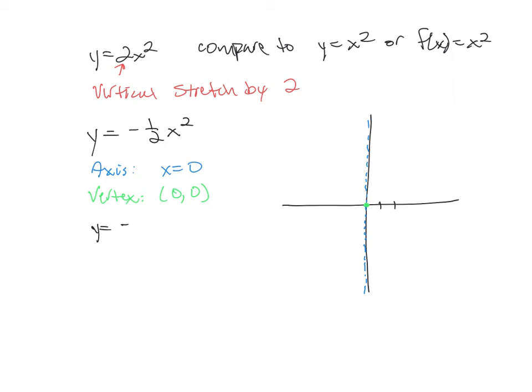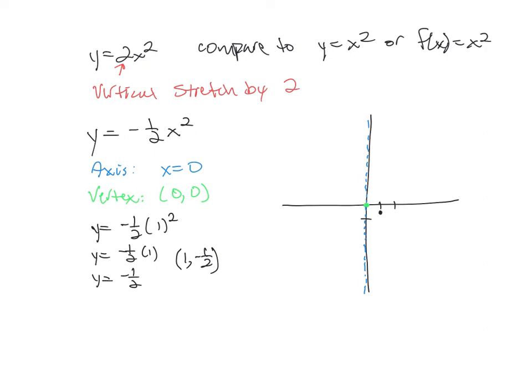So if I put in 1, I get negative 1/2. 1 squared is 1, and negative 1/2 times 1 is negative 1/2. And yes, it's a fraction, and I'll talk about that in a second, but I want to illustrate something. So when I plugged in 1, I got negative 1/2, so 1 and down 1/2.